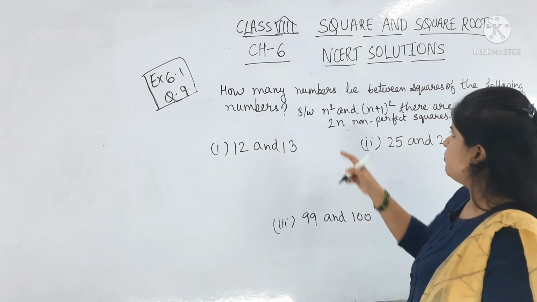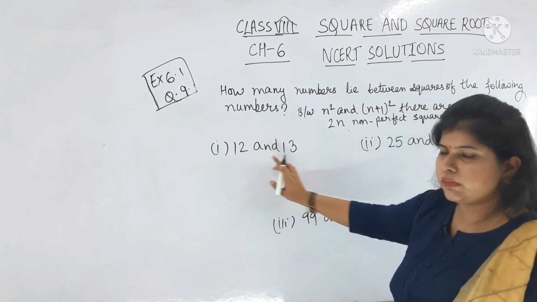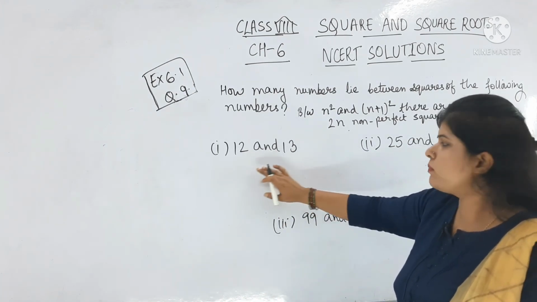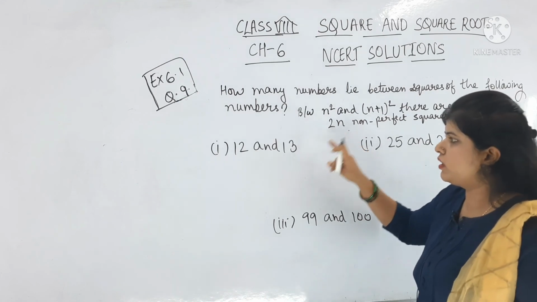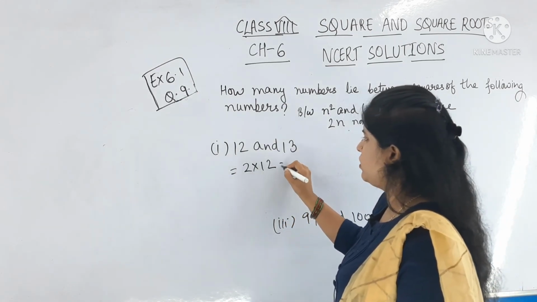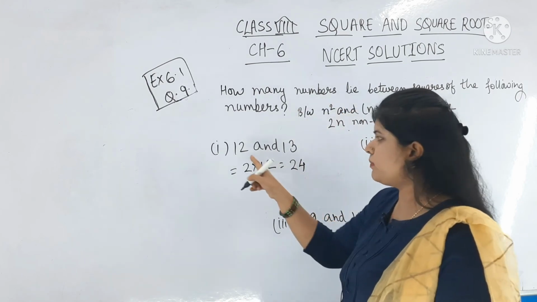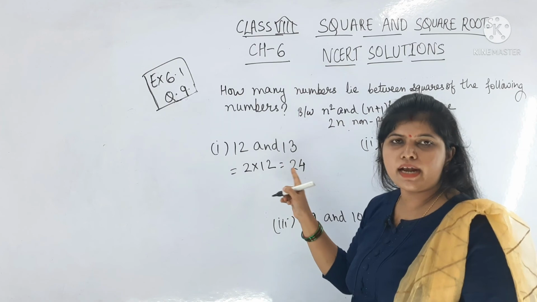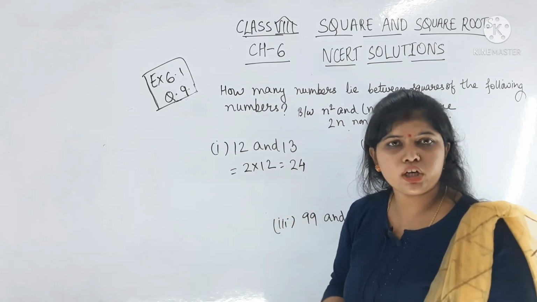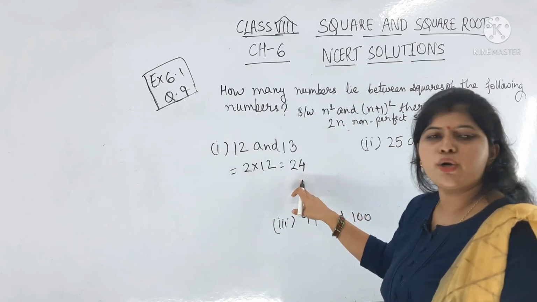Between n square and n plus 1 square means here n is 12, n plus 1 is 13. So in between, 2n means we write 2 into 12, that is 24. So 24 numbers lie between 12 square and 13 square. 12 square is 144 and 13 square is 169. So between them there are 24 numbers.